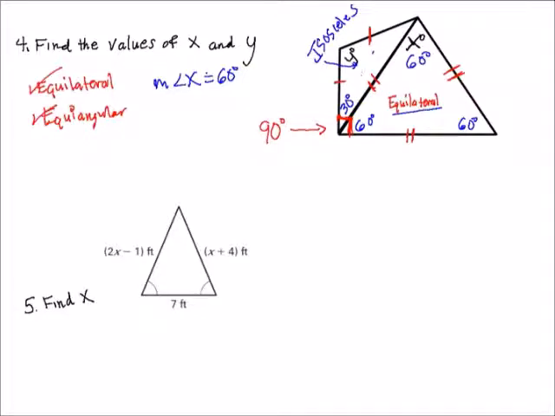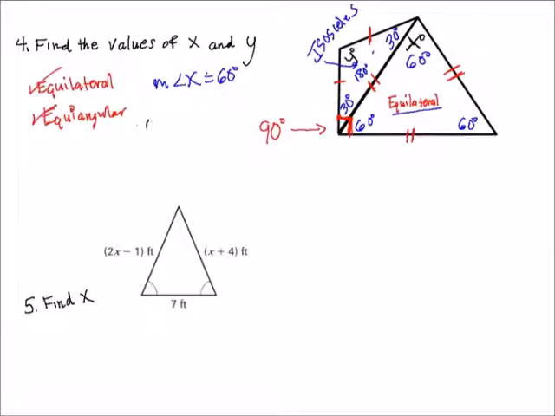In an isosceles triangle, the angles across from congruent sides have to be congruent, so our base angles have to be congruent. If that angle is 30 degrees, this one over here has to be 30 degrees. And one thing we know about every triangle in the world is that it has to be 180 degrees.